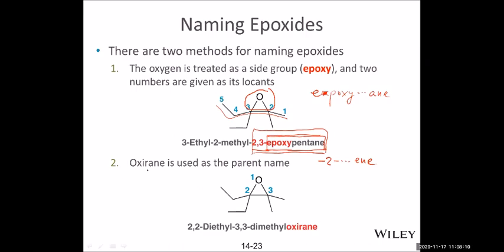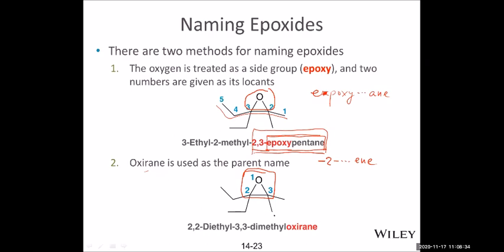We name it oxirane. The oxirane means this is the parent. Okay, this is the parent. And then on this side we have 2 ethyl groups.